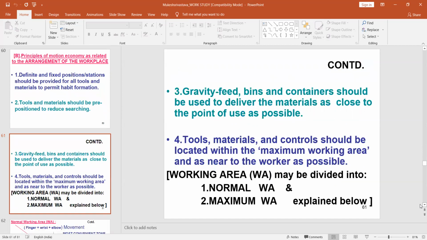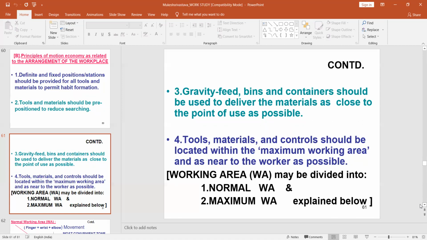Gravity feed bins and containers should be used to deliver the material as close to the point of use as possible. That means near your workstation or the activity and task position, you need to have gravity feed bins and containers, so that you can deliver the material from one place to another with lesser effort and with lesser contact.